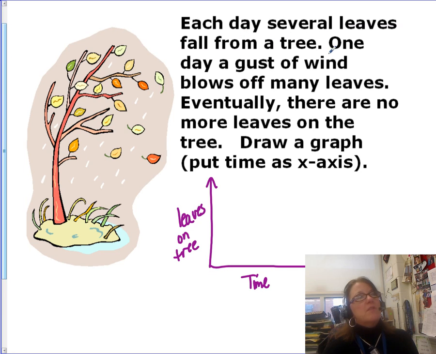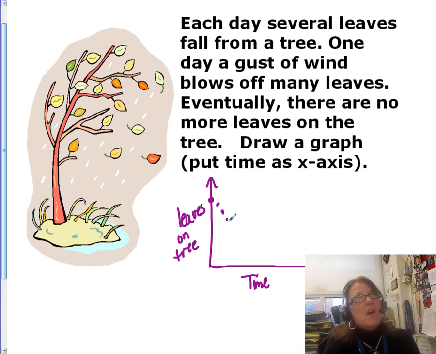Each day, several leaves fall from a tree. So as I'm starting, there must be some leaves on the tree. So I'm going to start like here, let's say, okay? And then the leaves are falling off the tree. So as far as how many are left on the tree, this is kind of going down. As time goes on, there's less and less, okay?